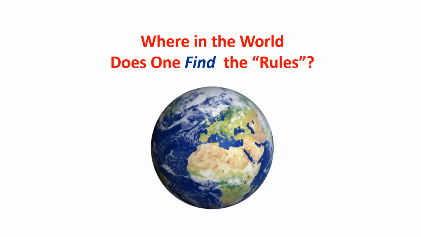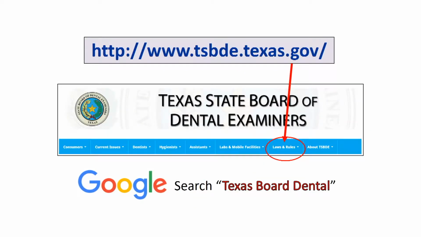Also, it is important for the participant to know exactly where one finds the rules. The rules being the Dental Practice Act, as well as the rules and regulations of the Texas State Board of Dental Examiners. You can find the laws that regulate your license as a licensed dentist or hygienist at the website for the Texas State Board of Dental Examiners.